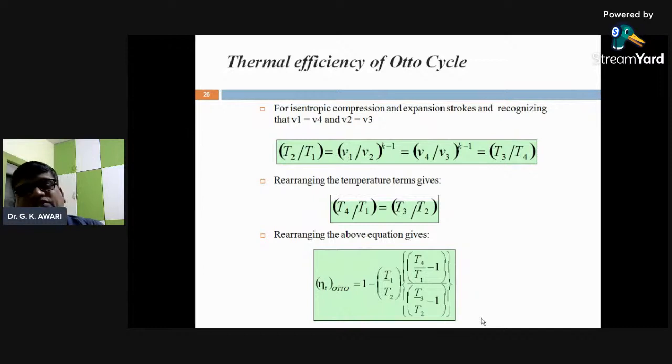So the thermal efficiency of the Otto cycle, that is for isentropic compression and expansion stroke, and recognizing that V1 is equal to V4 and V2 is equal to V3.